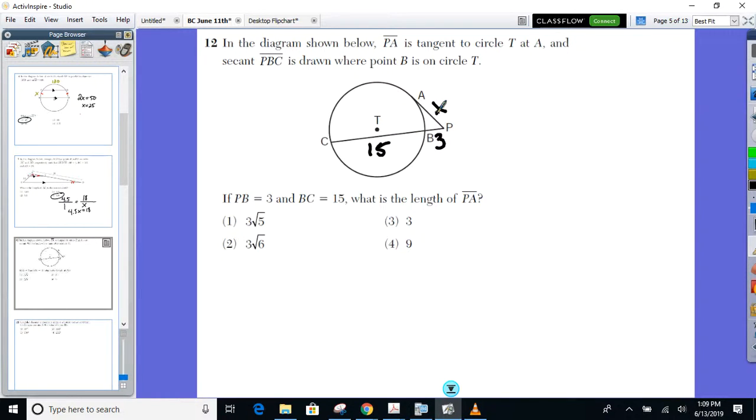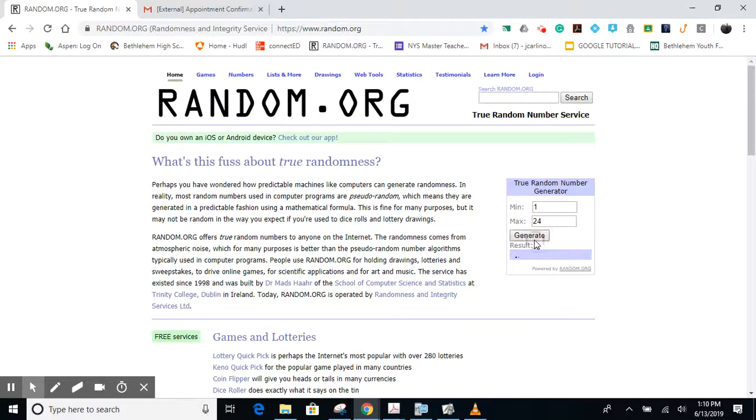If you don't know already what I need to use, go ahead and look at your facts, and we'll figure it out together here. You have a secant and you have a tangent. What's the deal with their lengths? Okay, what do I want to use or set up here?